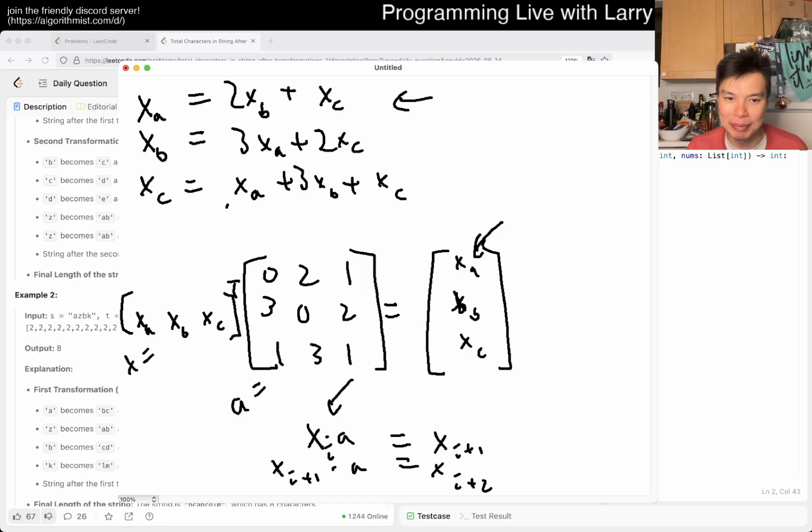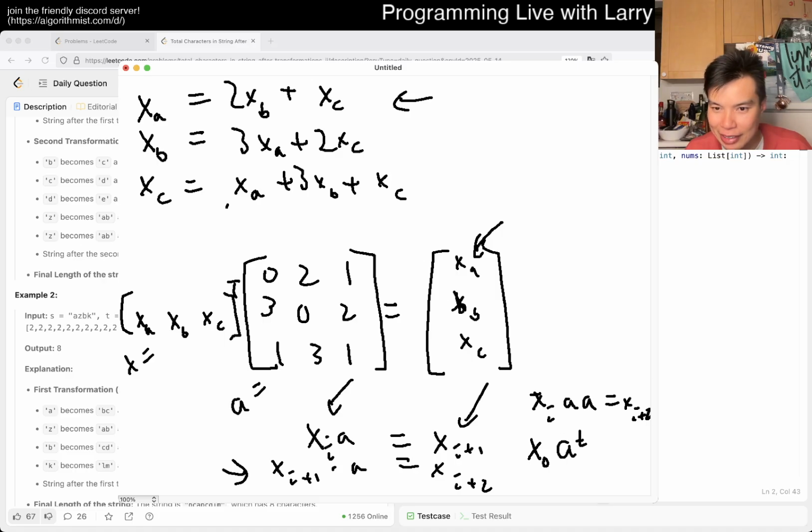And of course, because x sub I plus 1 is equal to this thing, by substitution this is x sub I times A is equal to x of I plus 2, right? Now you can rewrite this: let's say you have the initial conditions and you want to transform t times, then it's just A to the t is equal to x to the t, right?